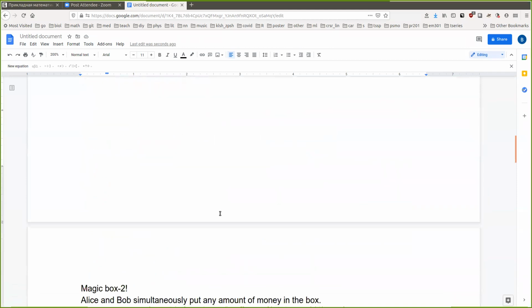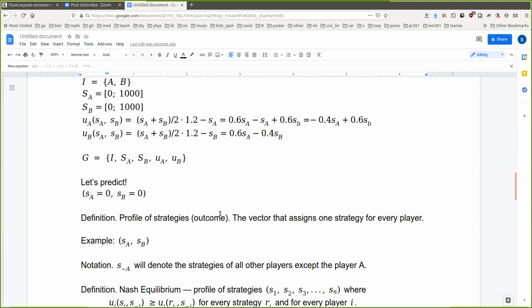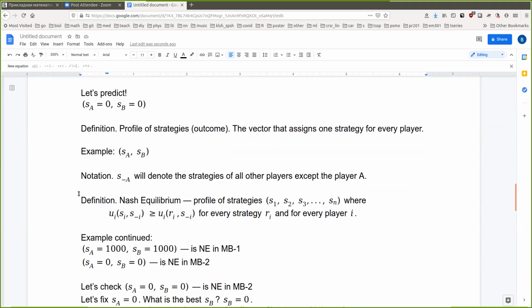And what will change in the definition of Nash equilibrium? Because the payoffs are random now, players are trying to maximize expected payoff.